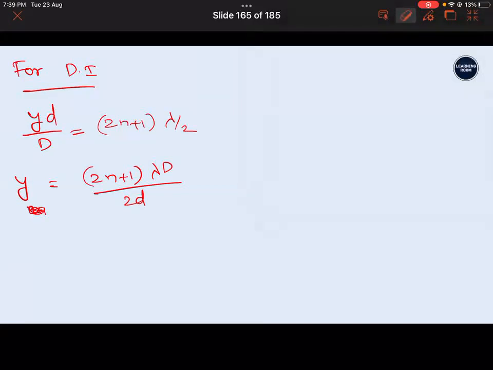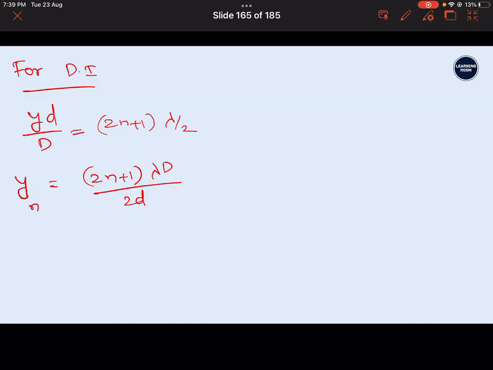Now the question is, what do I call this distance? These are all the points where dark fringes are formed. So what should be the subscript I should write for y?